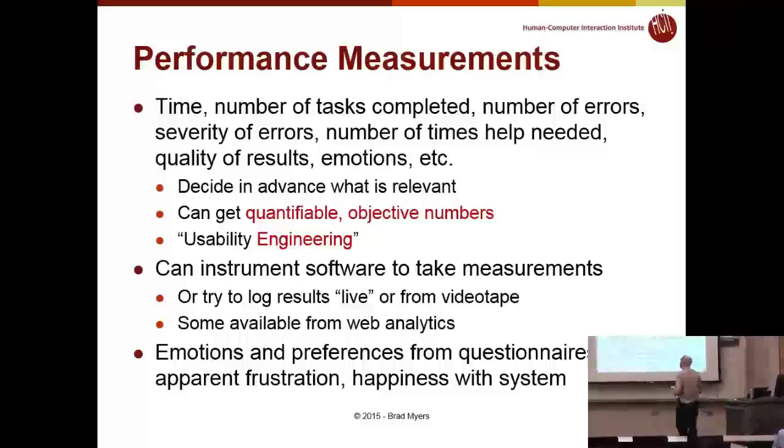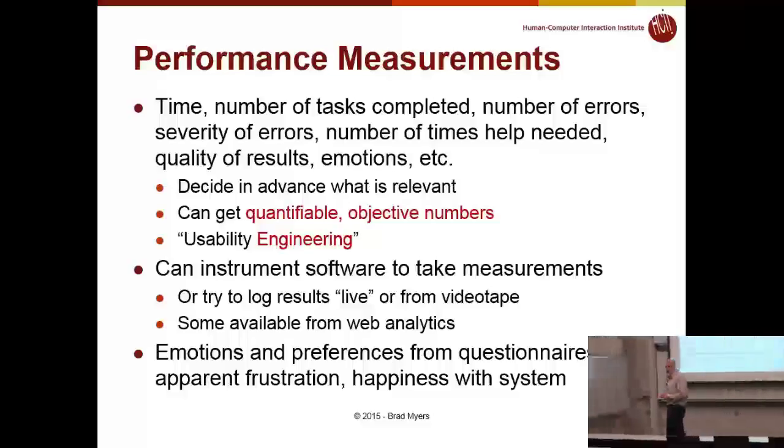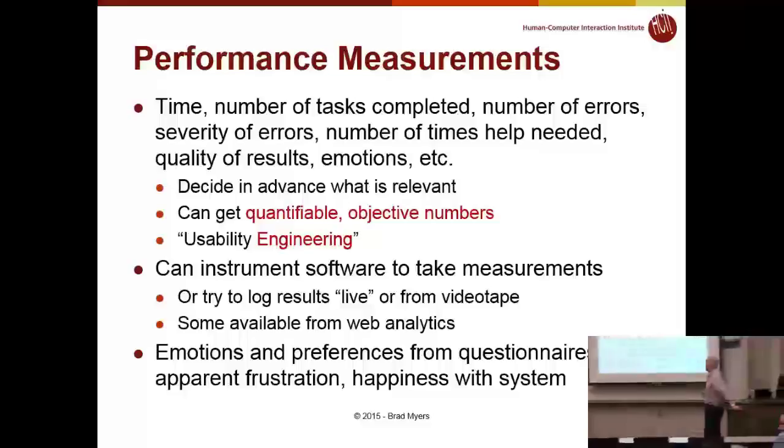And that's why sometimes this is called usability engineering, right? So the idea is to try and convince the software engineers and your management and other people who are used to dealing with numbers that you can actually have numbers for usability and that you can use those numbers as a way of measuring your progress, knowing when you're done, telling how much you're improving.